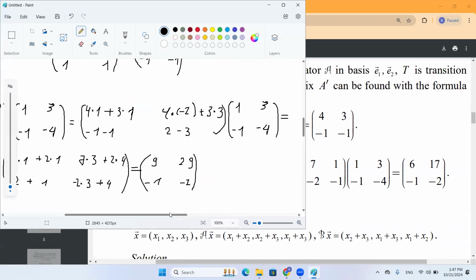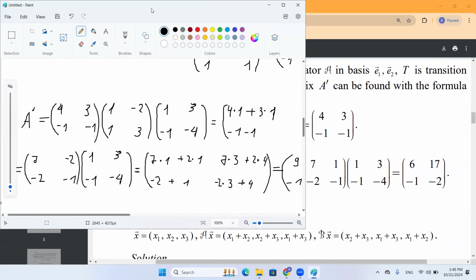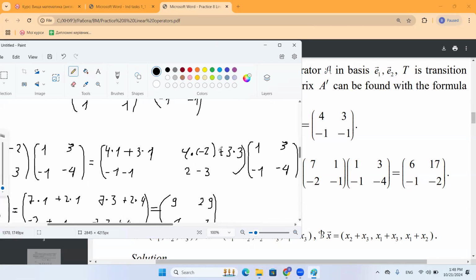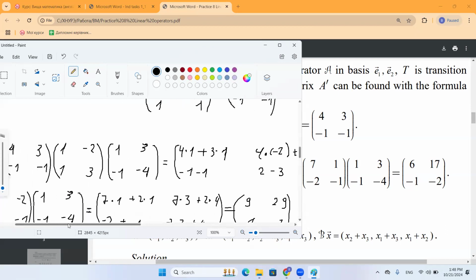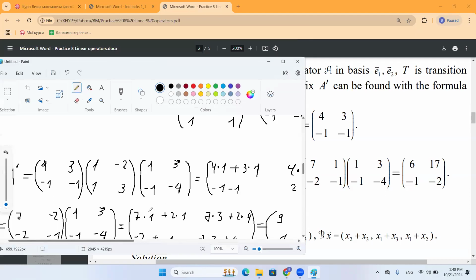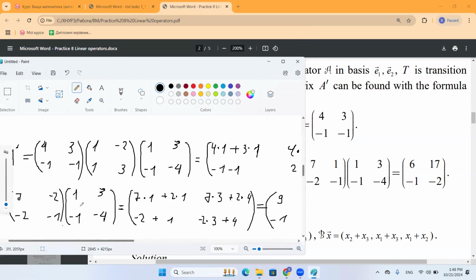Okay. So 7. Yeah, so something went wrong even earlier. So 4, 3 minus 1, 1. 1 minus 2, 1, 3. Okay. So 7, correct.